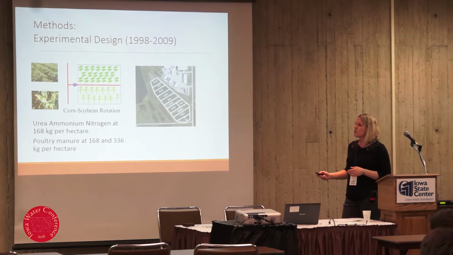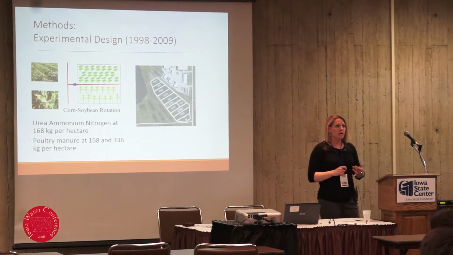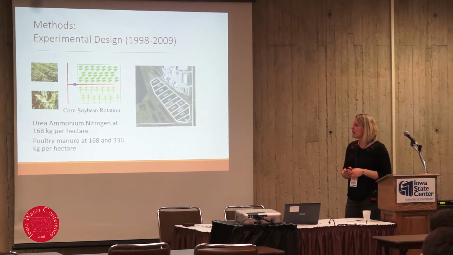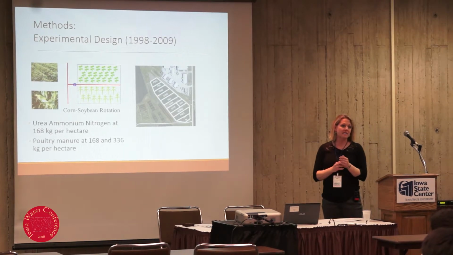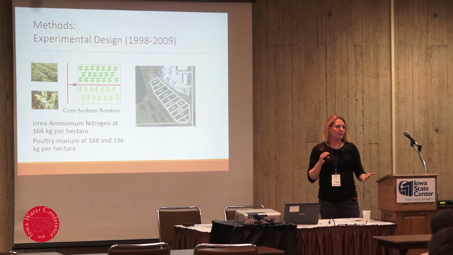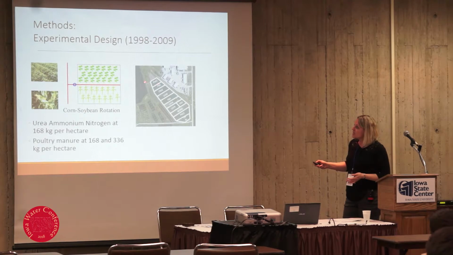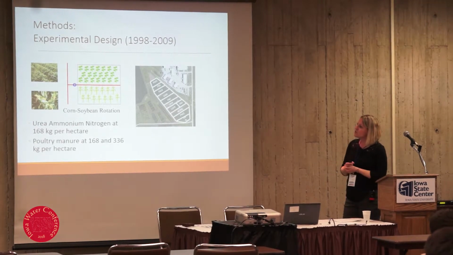The plots are located at the Ag Engineering and Agronomy Research Farm, just west of campus, so it's nice and close. One challenge with the site is that each of our plots is a different size. This was built upon a drainage system from the 60s, but for the most part, the drain lines go through the middle of each of these plots.